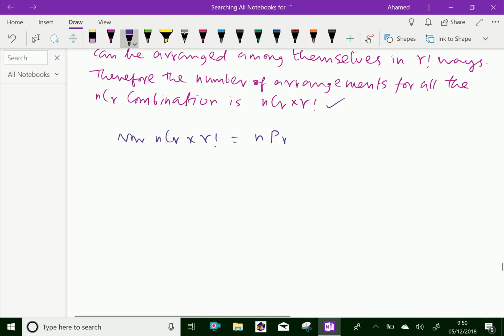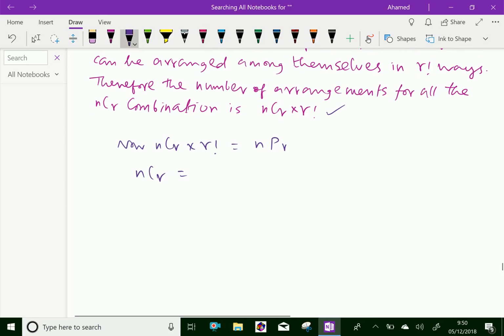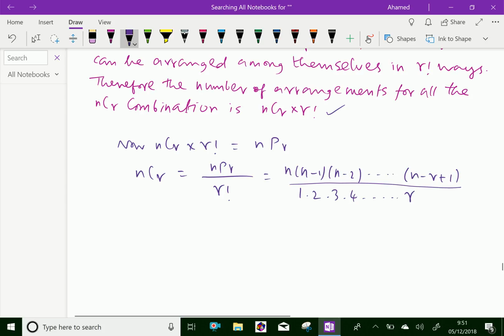This is a formula. Therefore, we can say nCr equals nPr over r factorial, which is further equal to n into n minus 1, n minus 2, and so on up to n minus r plus 1, over r factorial, which is 1 into 2 into 3 into 4 up to r factors.